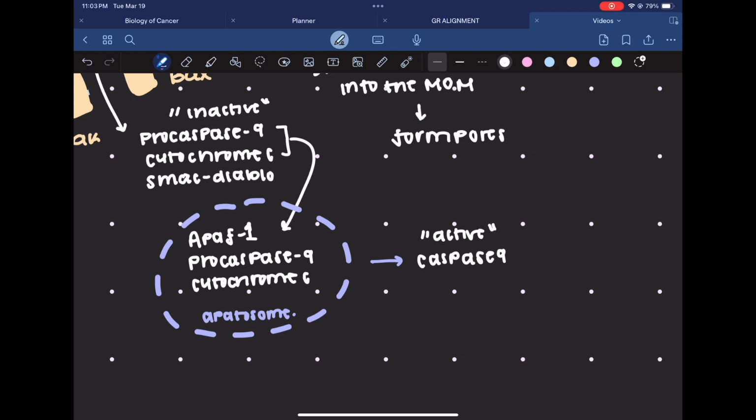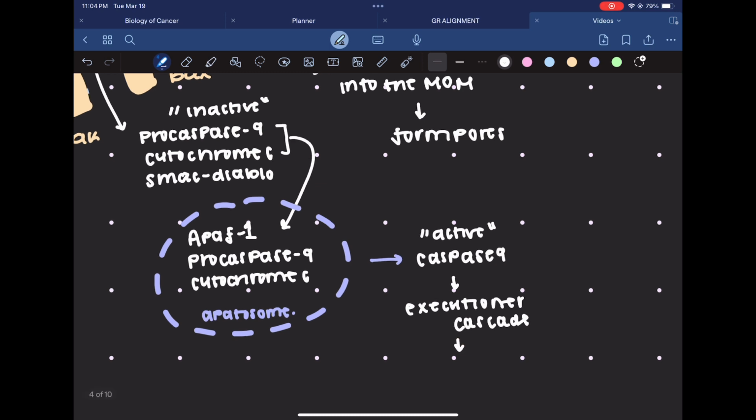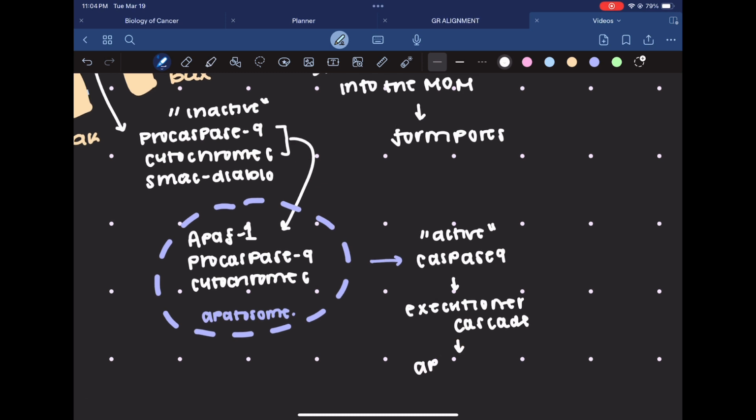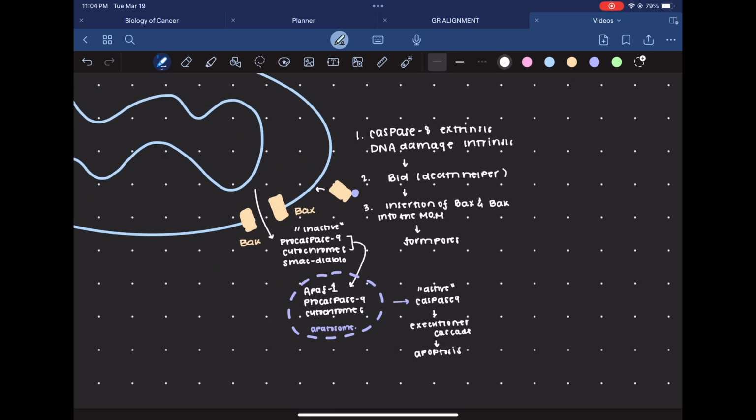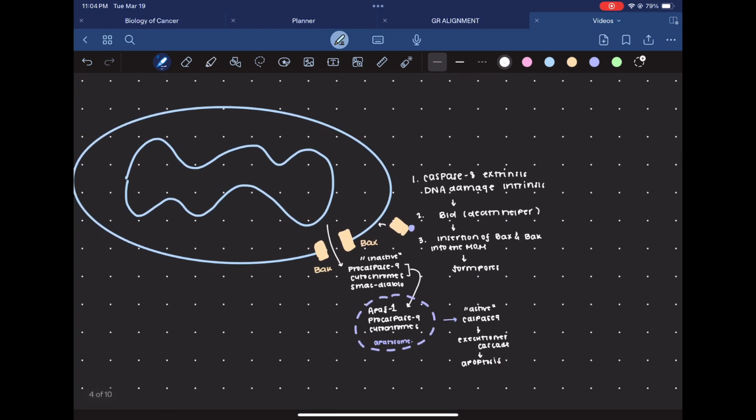This leads to the executioner cascade, and apoptosis ultimately. Right? So that's our interaction with the mitochondrial outer membrane and what that process looks like.